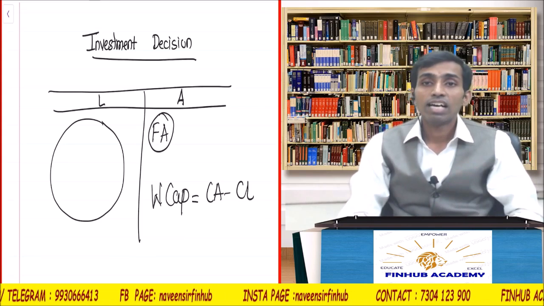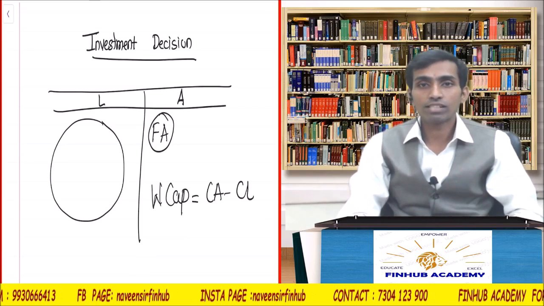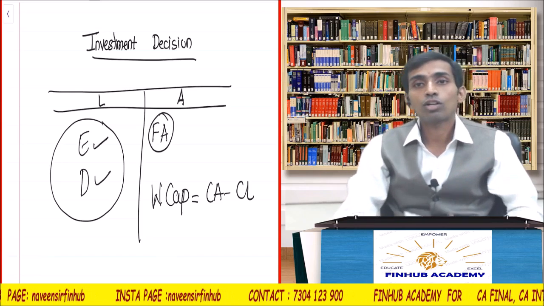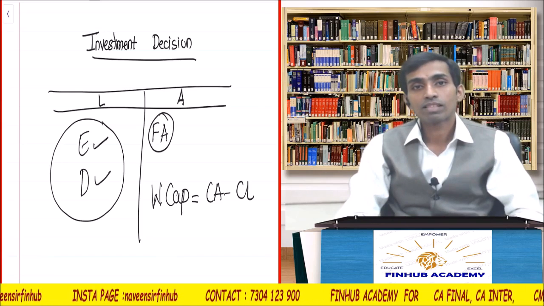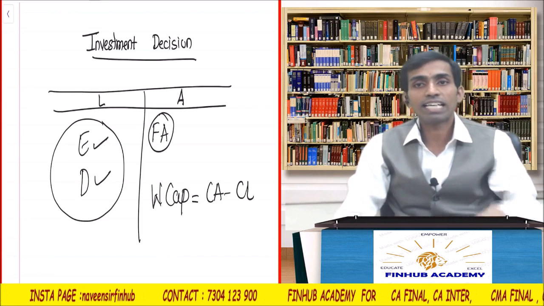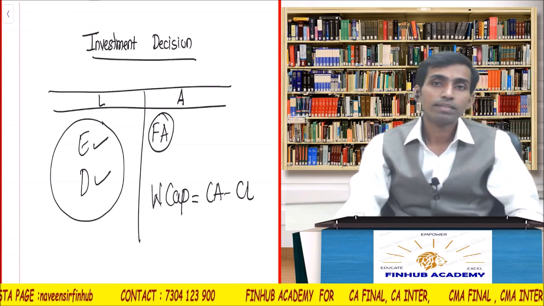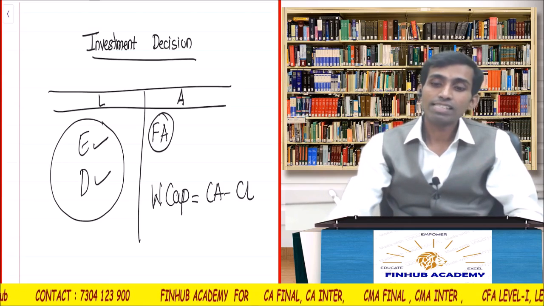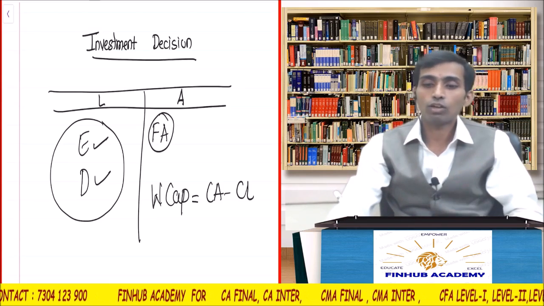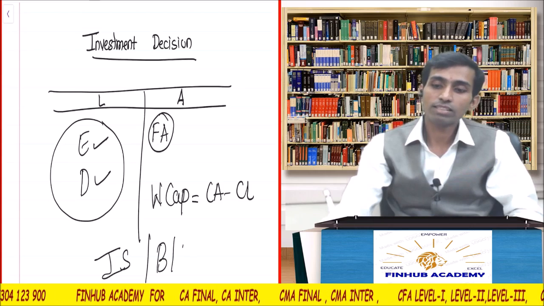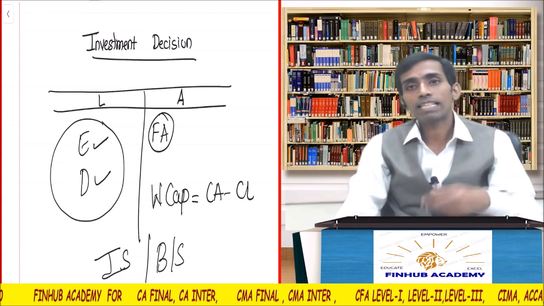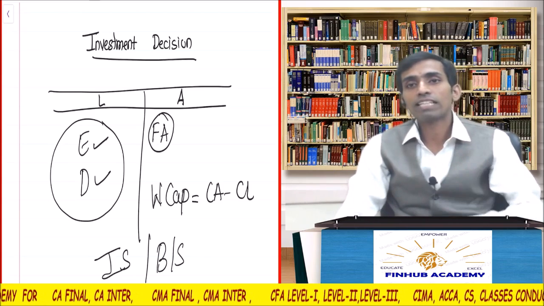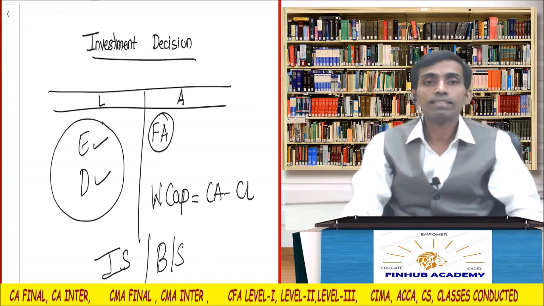Next is long-term financing decision, that is whether you should go for equity, or debt, or a combination of both. Again, it's related to the balance sheet. Then you have ratios, calculated on the income statement or the balance sheet or using items from both. Ultimately you are analyzing the company.